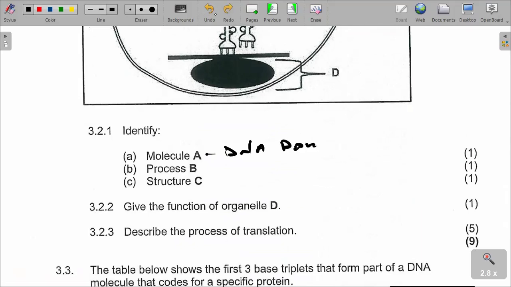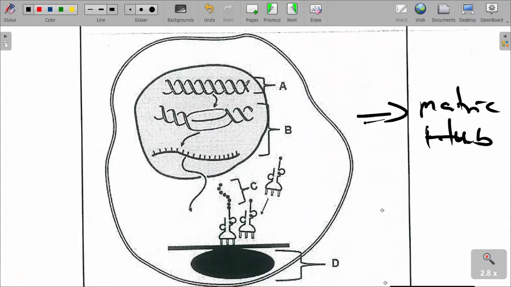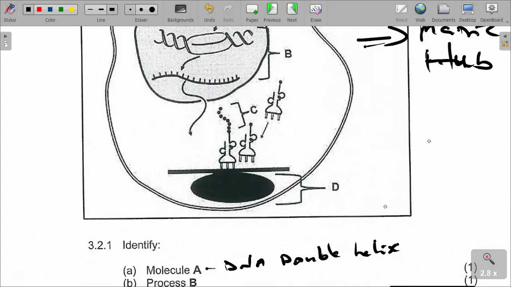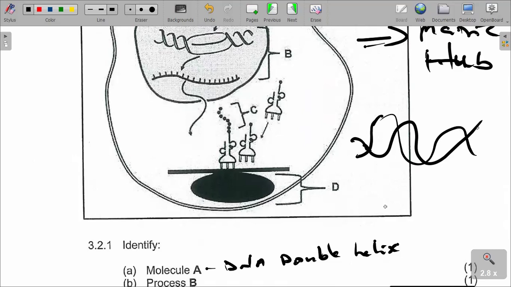This is the double helix structure of DNA that is shown here.